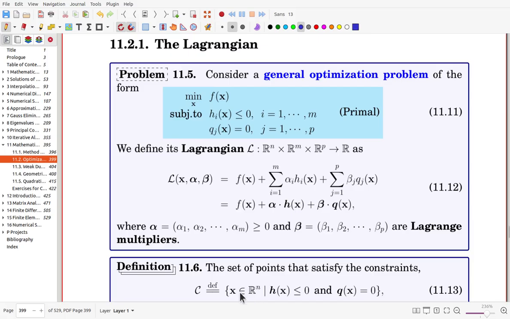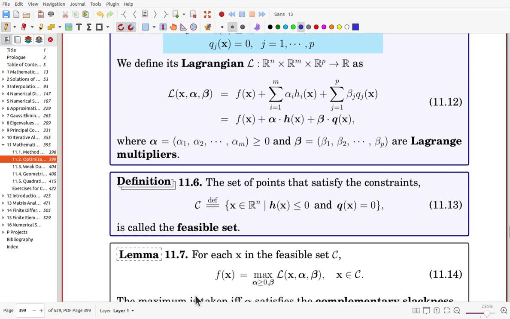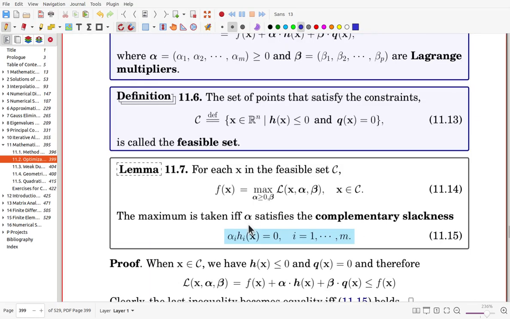Once x is out of this set, some of these conditions are not satisfied, so your minimization is wrong. So you have to find x inside this feasible set. We define the set because we will use it, and later on, look at this lemma.